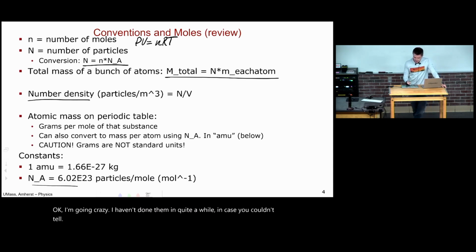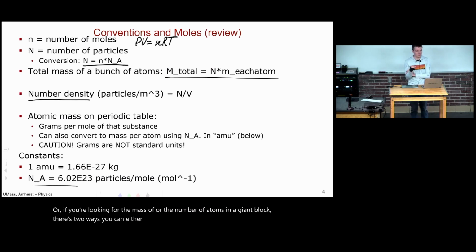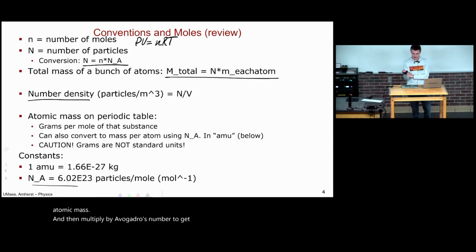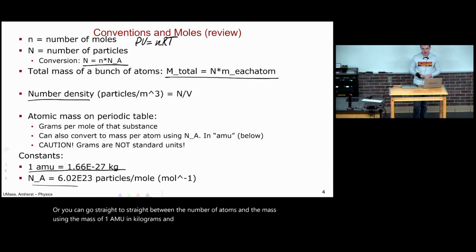Okay, so there's two ways if you're looking for the mass of, or the number of atoms in a giant block. You can either convert it to the number of moles using the atomic mass, and then multiply by Avogadro's number to get the number of particles. Or you can go straight between the number of atoms and the mass using the mass of 1 AMU in kilograms. And I'll do an example on the next slide.